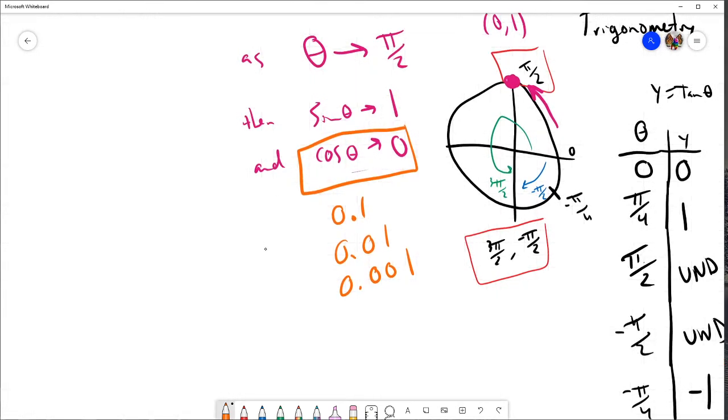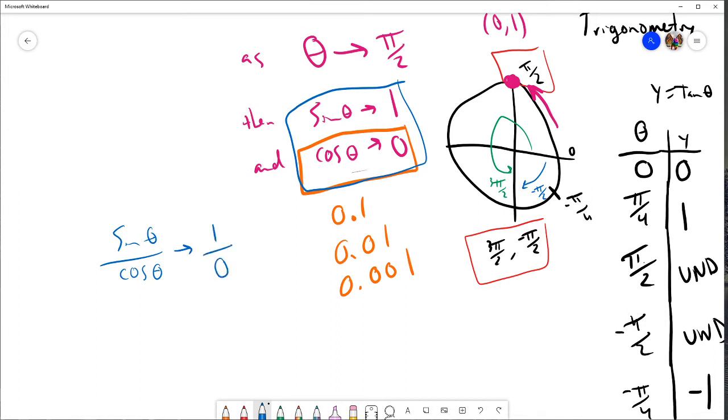In fact, we now need to think about, well, hold on. What is going to happen when we consider the ratio now? Because we have sine theta over cosine theta. And this is going to behave like a 1 divided by 0. But remember, the denominator has all of these itty bitty values, right? Because as this is getting closer to 1 divided by 0, that denominator is getting really, really small.